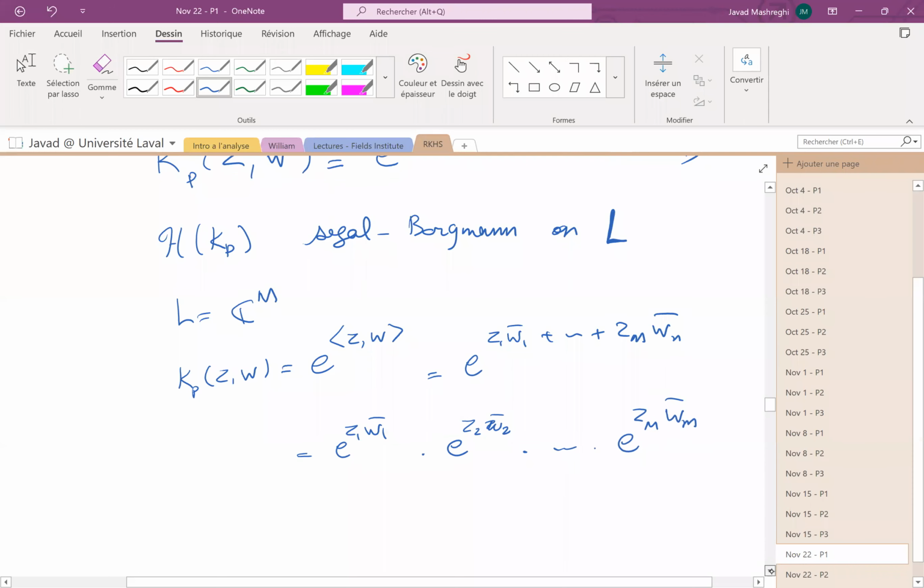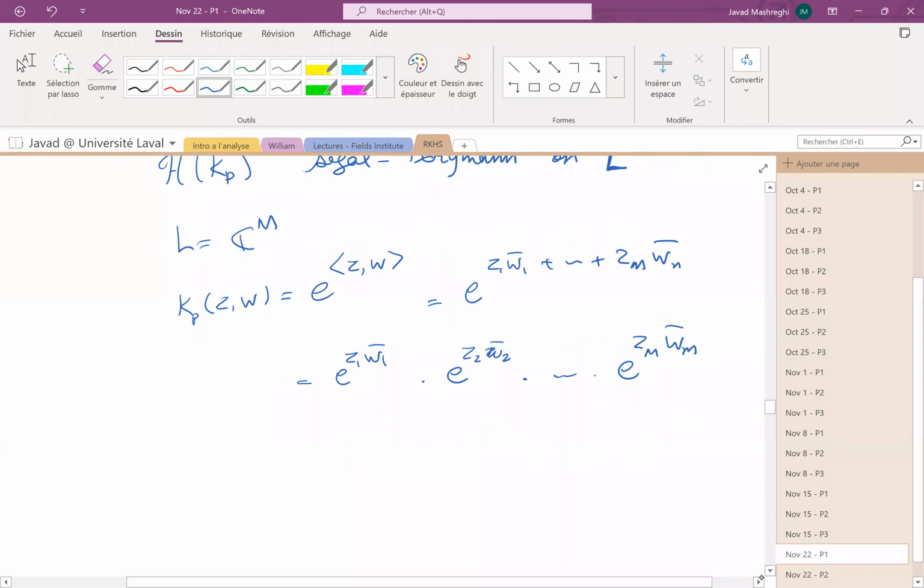We can separate the variables. Not usually the case, we can just do it in this case. And each factor is the kernel for the Segal-Bargmann space on C, the one-dimensional case. So it's a product of one-dimensional Segal-Bargmann kernels. I repeat, this is not usually the case, but thanks to the properties of the exponential, we can do it in this case.